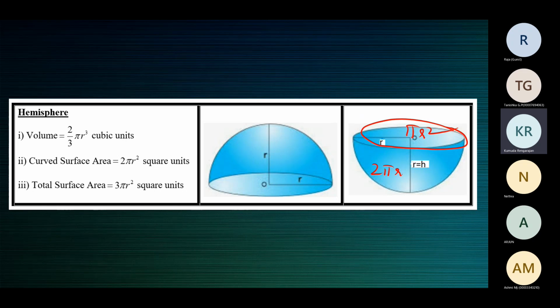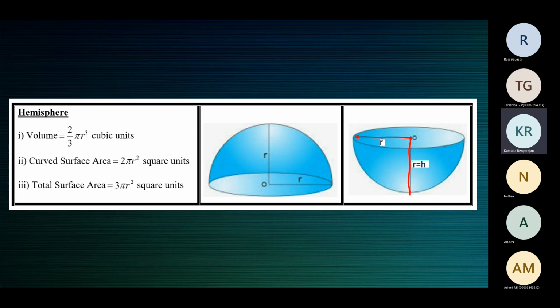And here the height of the hemisphere is equal to its radius. You can see it in the figure. See the depth of the hemisphere, which is the height. It's equal to the radius.